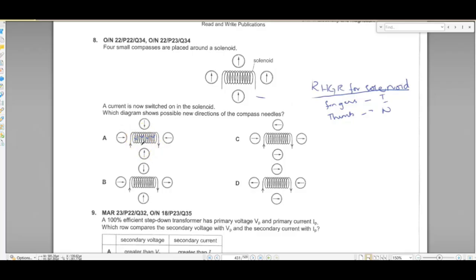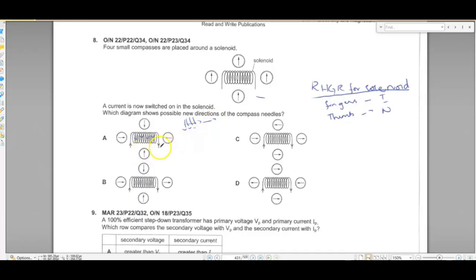If we curl them around some circular thing, even a pen, they are going to curl around, and our thumb is going to point towards the right. So the fingers are curling in this direction and the thumb is pointing in this direction.